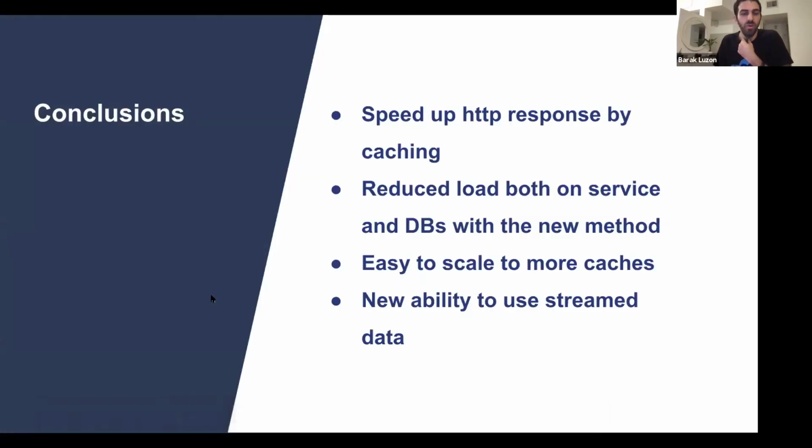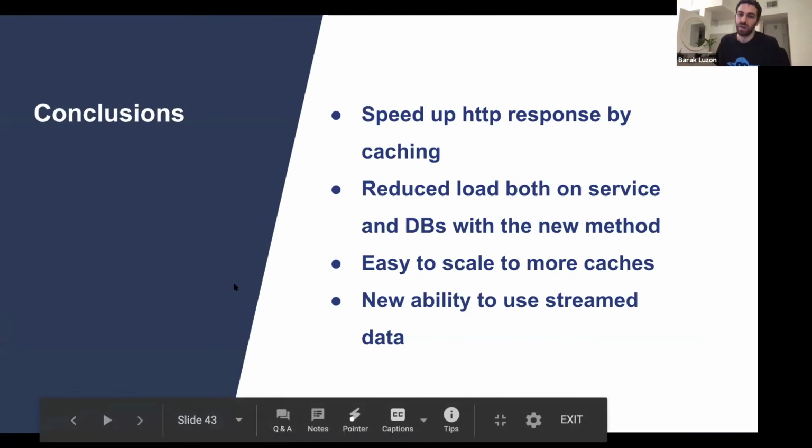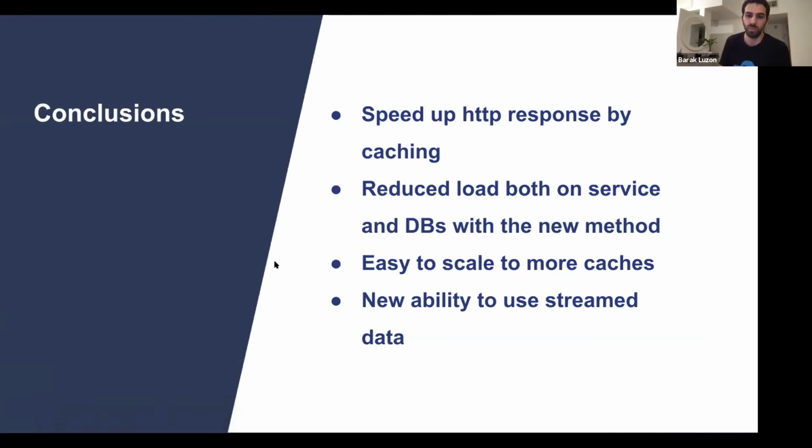Cool. So to conclude everything that I've said, we were able to speed up our HTTP responses by using caching, and by using the new method, we were able to reduce the load on the services and on the DBs, the load that is created by the caching.